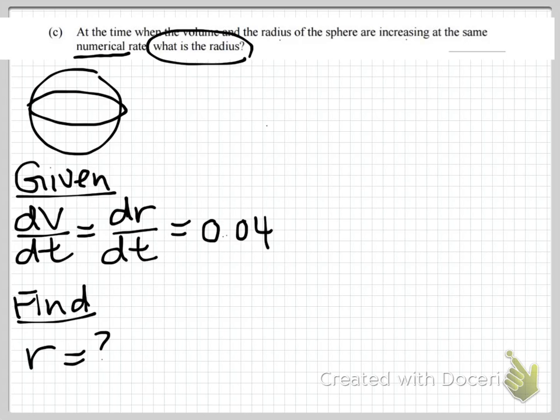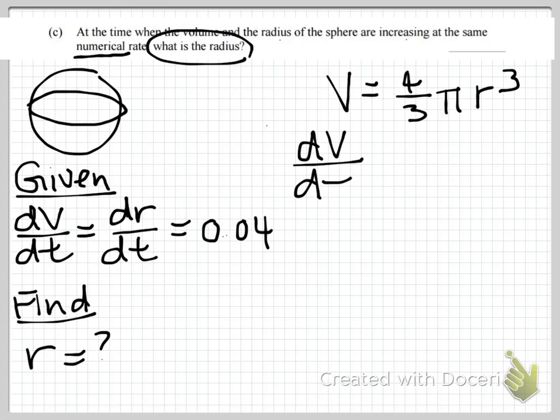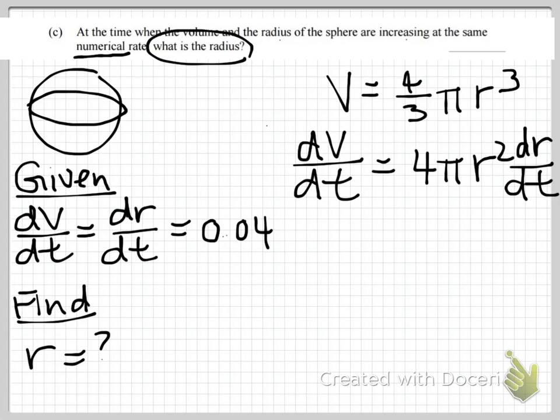I have the volume in my question, I have the radius in my question, so the easiest equation to use seems like V equals 4/3 pi r cubed again. Let's take the derivative of that: dV over dt equals 4 pi r squared dr over dt.